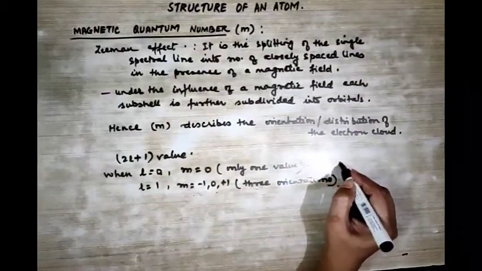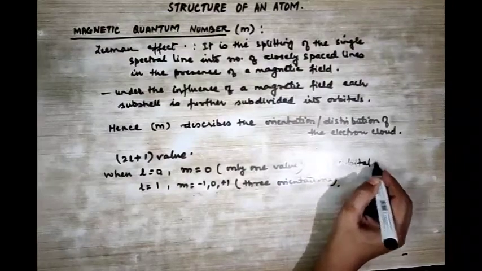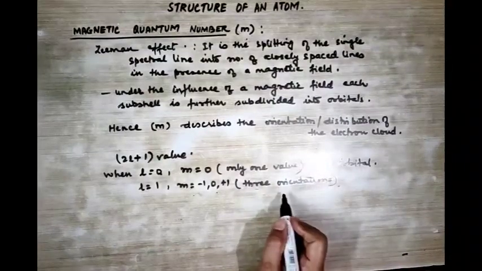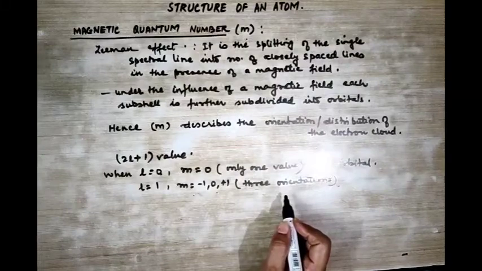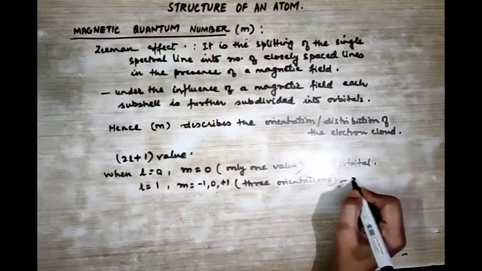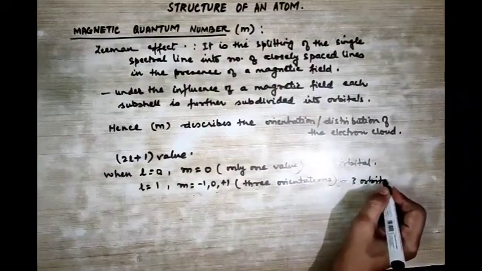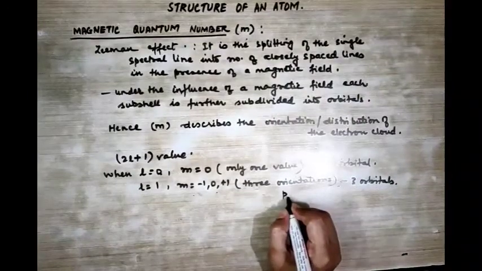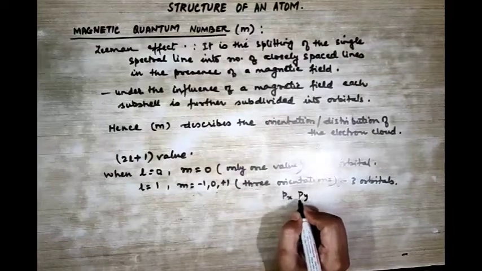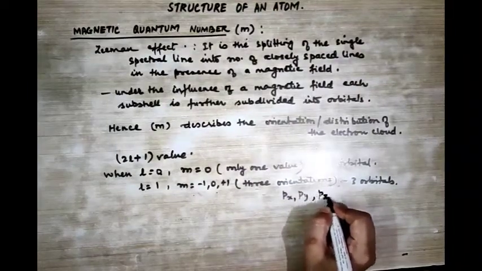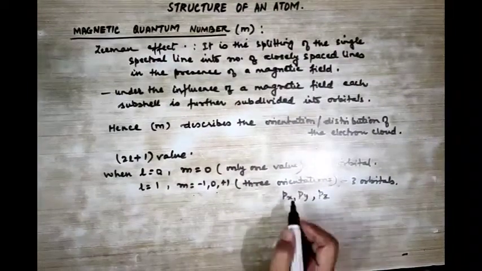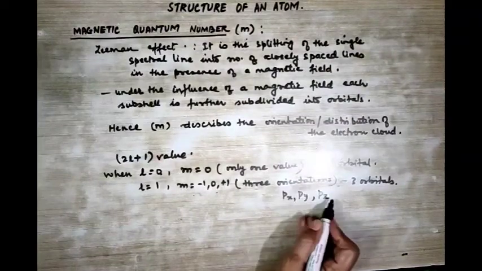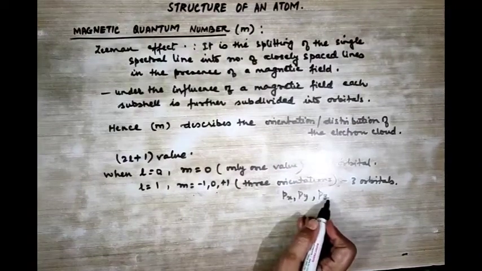And 3 orientations means 3 orbitals. So what could those 3 orbitals be? They could be px, py and pz. So the p subshell has 3 orbitals: x, y and z.